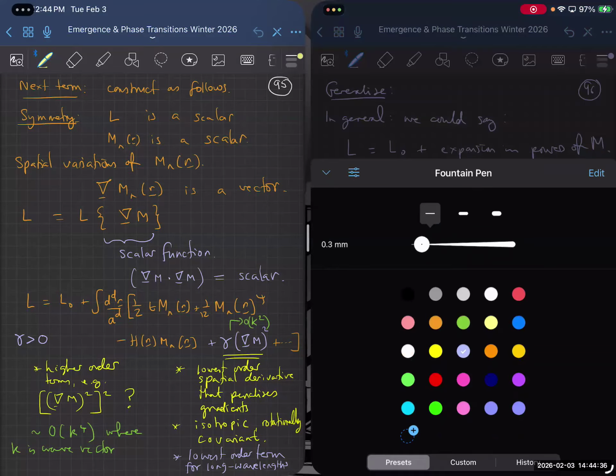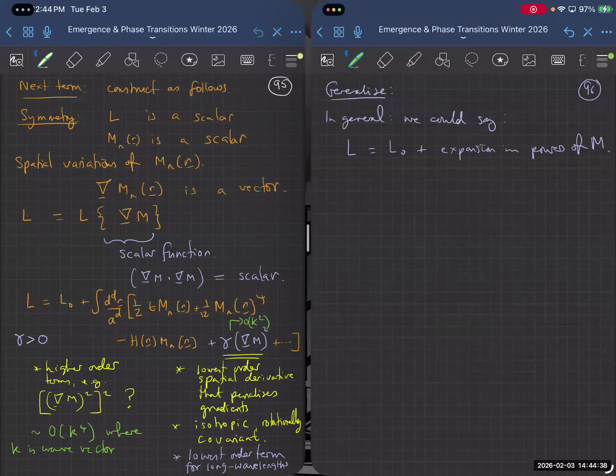So you could say it should be something like that. And then let's now talk about this expansion. Well, it must be an even function because of the symmetry in the Hamiltonian when there's no external field.